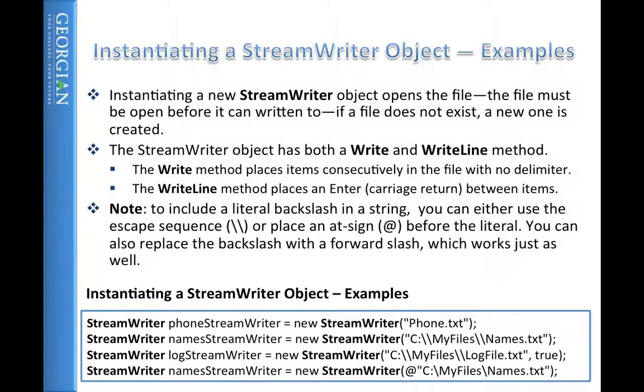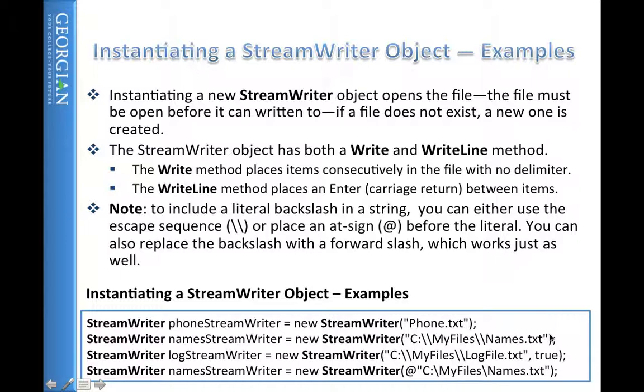Okay, here's some examples. I've created a phone StreamWriter down here, and I say it is equal to new StreamWriter phone.txt. I can also use the double backslash escape sequence to create my file stream. Now remember, in simple file IO, I don't have to worry about this.